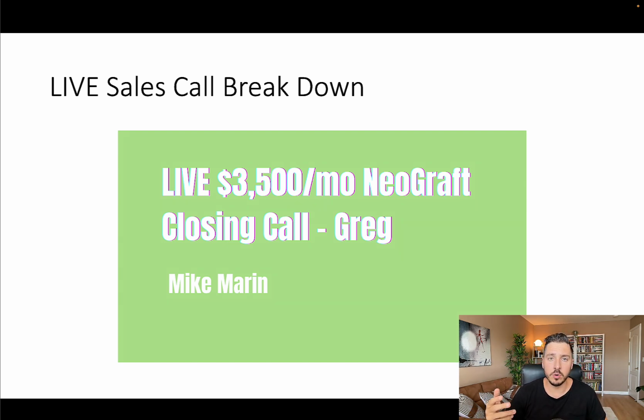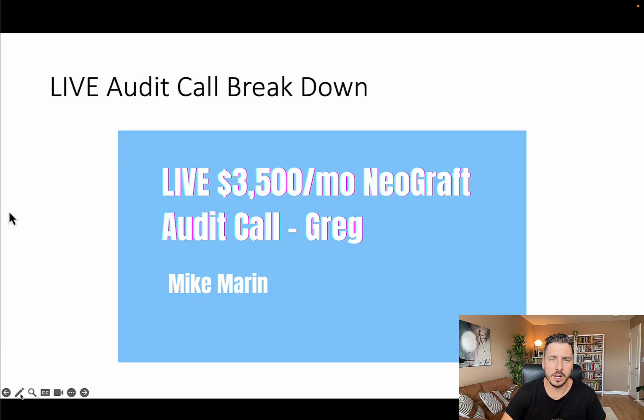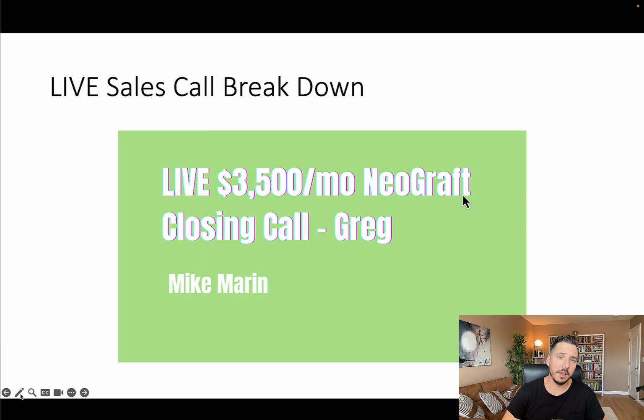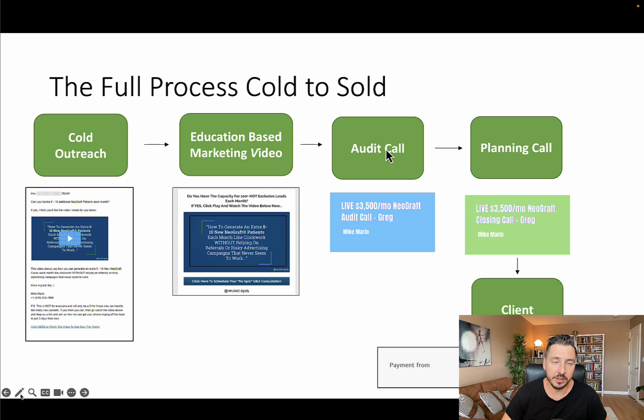Some people even call this a triage call. It works much better, especially if you're coming off a straight cold and they don't know who you are, to give you a day. And in between, you could also send out more marketing material. But essentially, I just broke down why I sent that email, the mechanics behind that. Again, you could vary this up in the follow-up sequence, different versions of that.